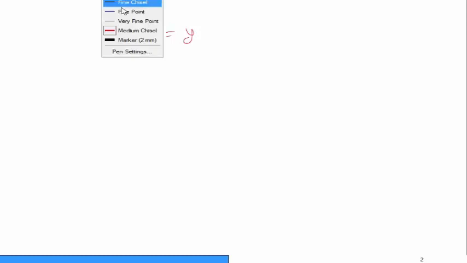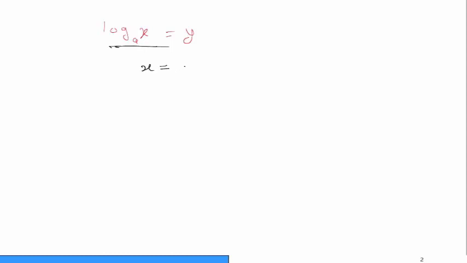See here, if it is mentioned log x base a is equal to y, then this function is actually a log function, and it is equivalent to x is equal to a raised to the power y. Whatever the base is, that will stay the base, and y will go in the power.